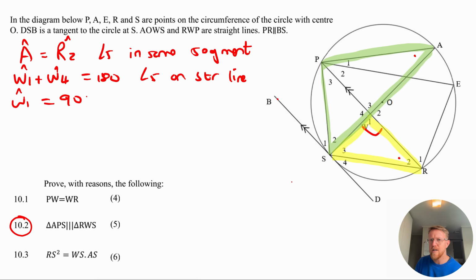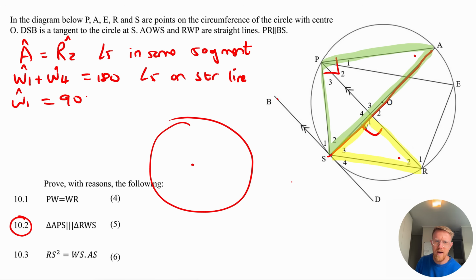Now in the green triangle, this would also be 90. Why? Because it is the angle that is being produced by a diameter. Remember that when you have a circle and you have a diameter, then the angles that it makes on the circumference are always 90 degrees. Angle in a semicircle, remember?